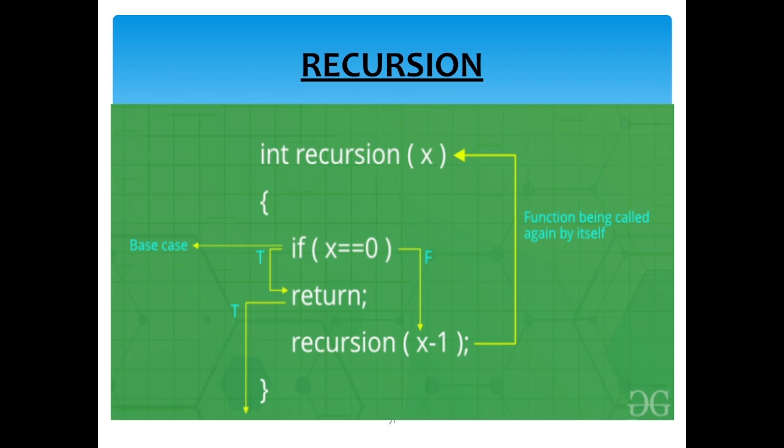There is a function called int recursion of x. Inside that you have an if statement, and you have written recursion of x minus 1, nothing but your function name and your function call. Function name with brackets is nothing but a function call.